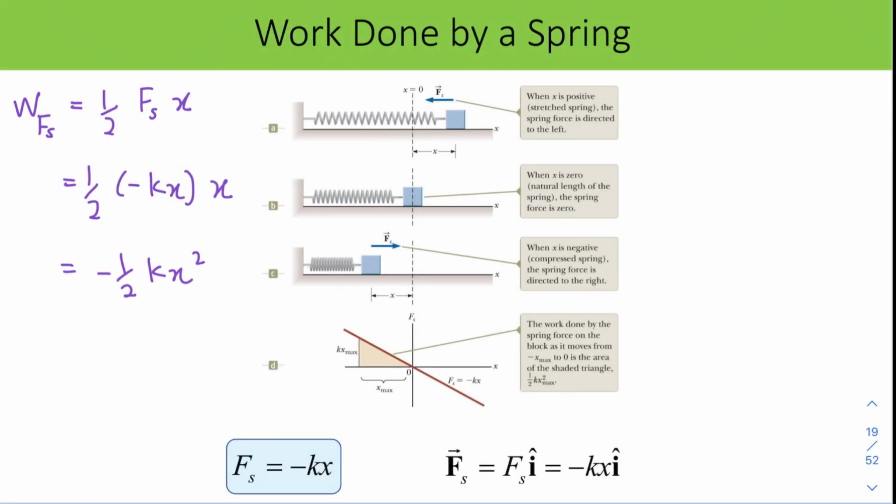All the time we can also treat our Fs in terms of ijk components, but for this situation, our Fs is completely along the i or x component, and the magnitude of Fs itself is negative kx, right?